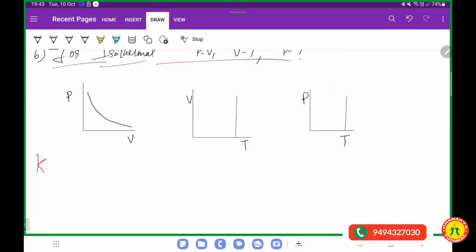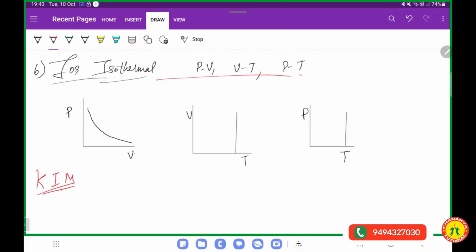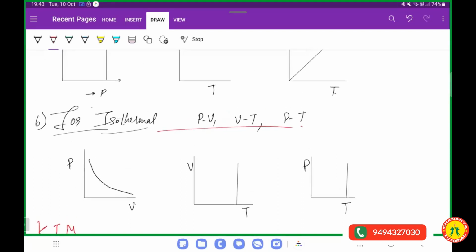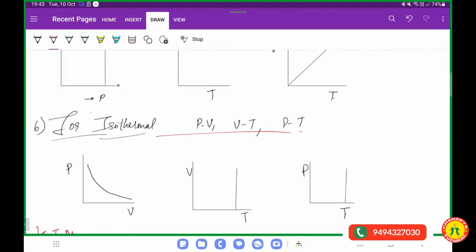So let's write key points. Keep in memory. If you're done, I can scroll up. I want to see the theories what we wrote so that I can come up with some points. Are you done?